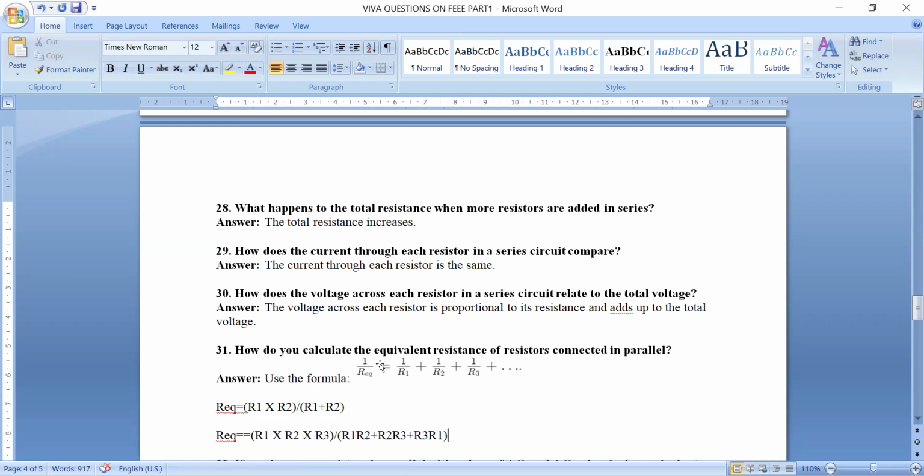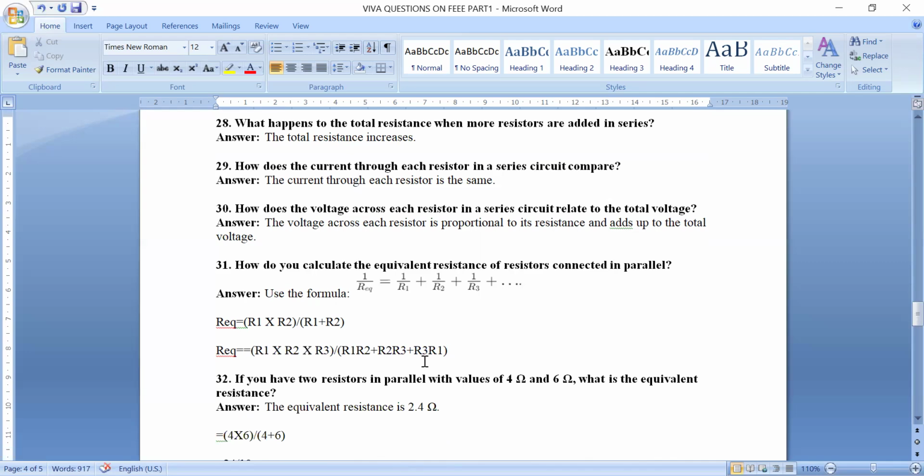So you can write 1 by R equivalent equal to 1 by R1 plus 1 by R2 plus 1 by R3, or R1 R2 R3 divided by R1 R2 plus R2 R3 plus R3 R1. In this way, we calculate the equivalent resistance of parallel connected resistors.